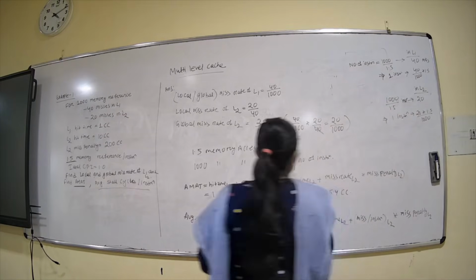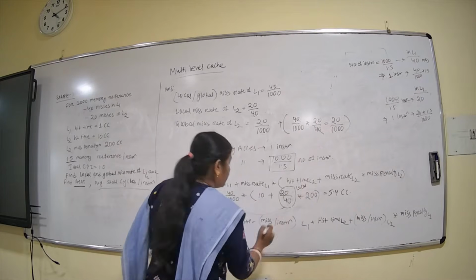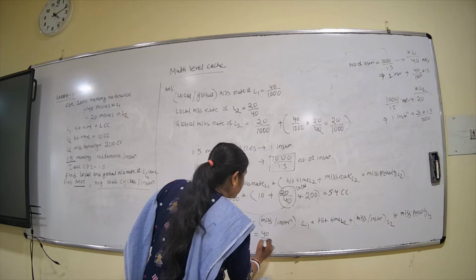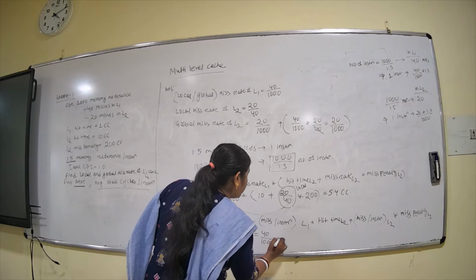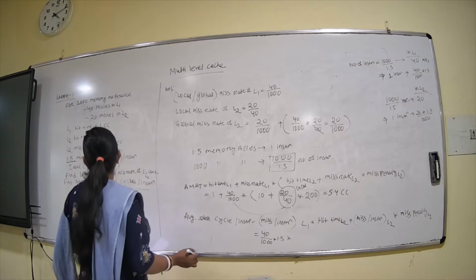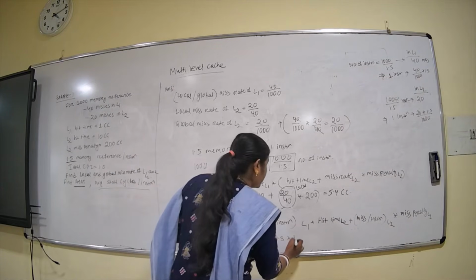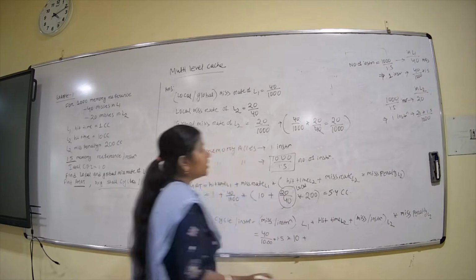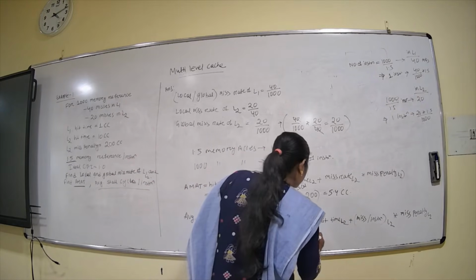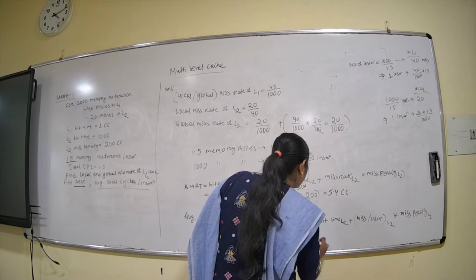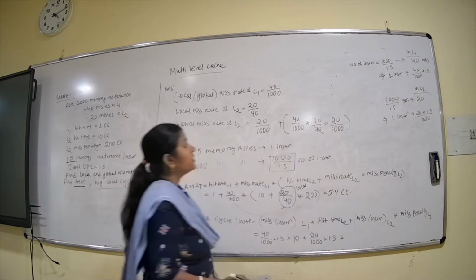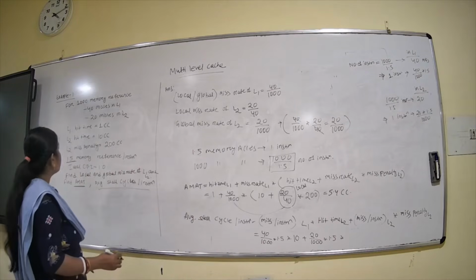So just put these values here. Miss per instruction in L1 is 40 by 1000 into 1.5, times the hit time of L2, which is 10, plus miss per instruction in L2, 20 by 1000 into 1.5, times the miss penalty of L2, which is 200.